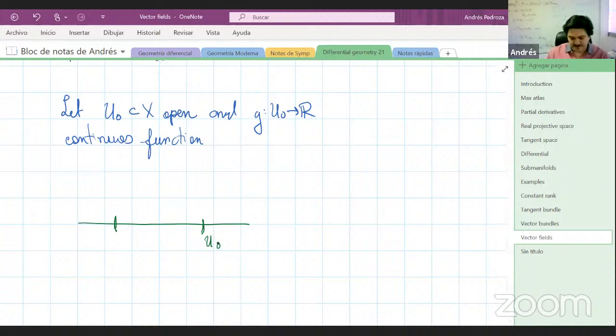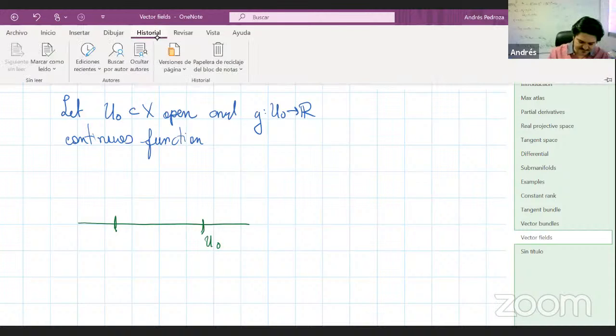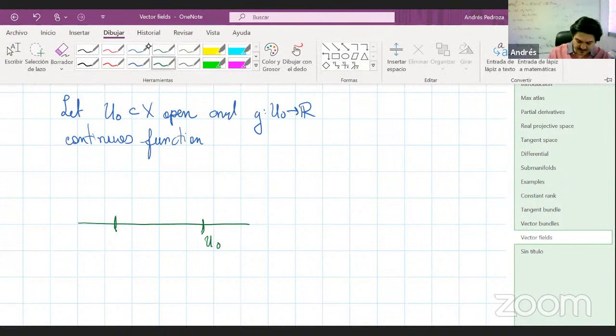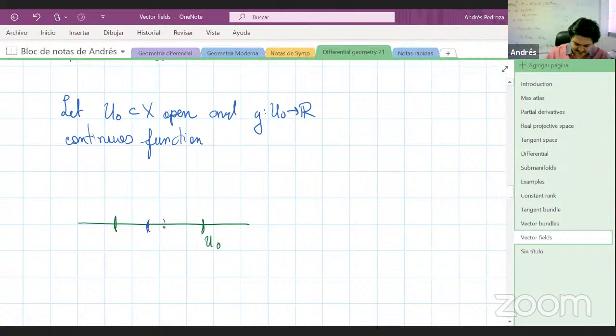U naught is going to play the role of V. I'm going to take another small set, U, and this is my function.